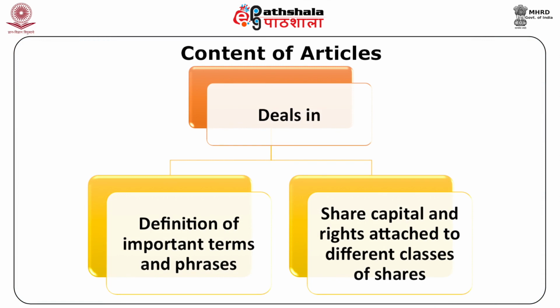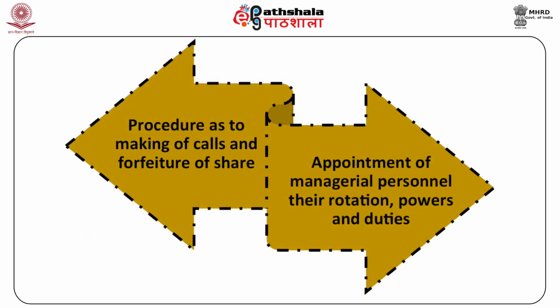The articles of association of a company usually deal with the following matters: definition of important terms and phrases, share capital and rights attached to different classes of shares, procedure as to making of calls and forfeiture of shares, and the appointment of managerial personnel, for example, directors, managing directors, etc., their rotation, powers, and duties.